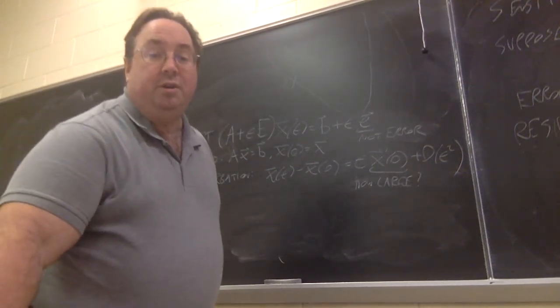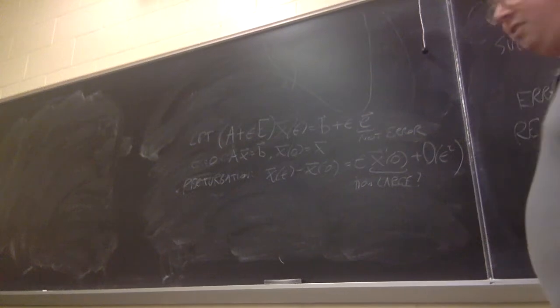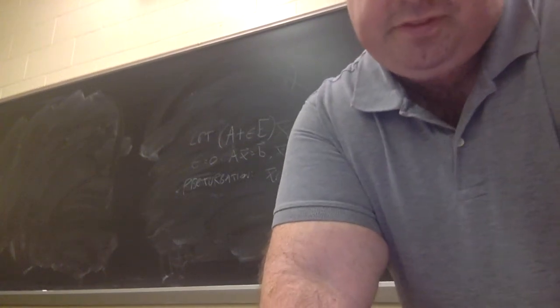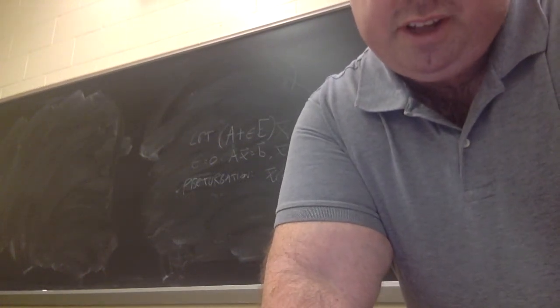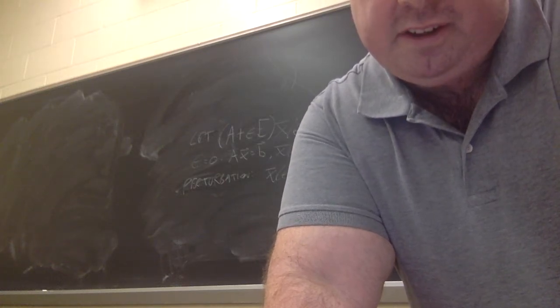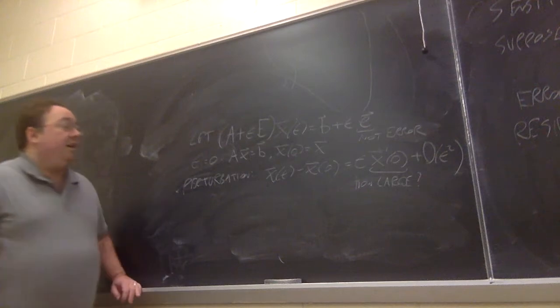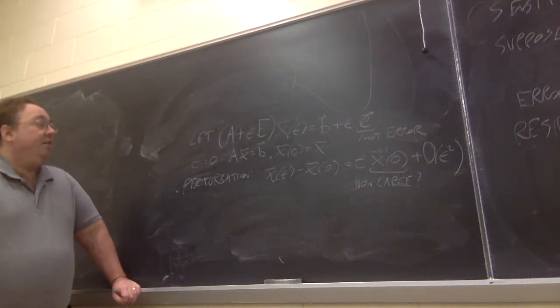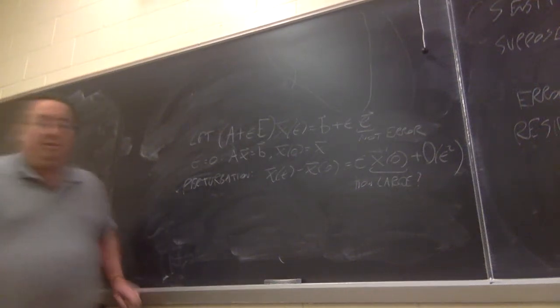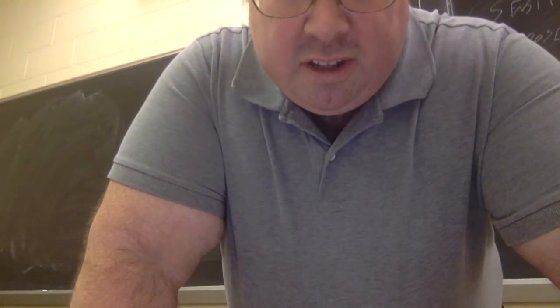So what you can do, sorry. Is that a D? Well, no, that's a big O, order of epsilon squared. Yeah. So what you can do is take the derivative of both sides, or actually the book worked it out another way, but okay.